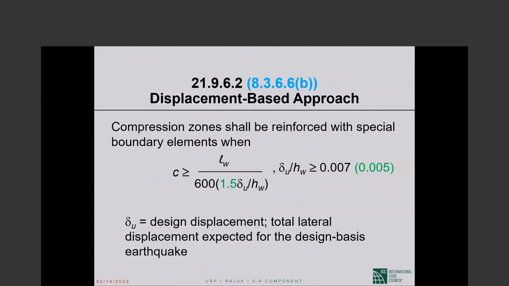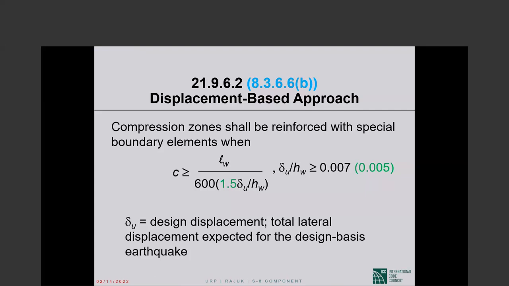Okay, this is the crux of the displacement-based approach. If the calculated neutral axis depth is larger than or equal to a critical neutral axis depth, which is the right-hand side of this inequality, then part of your shear wall cross-section is in significant compression.